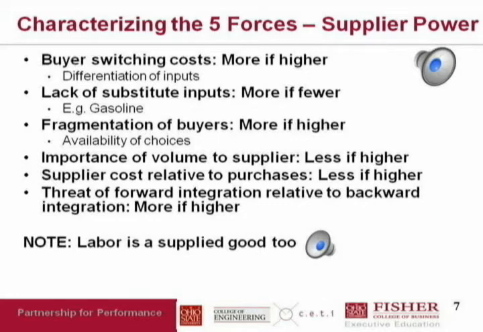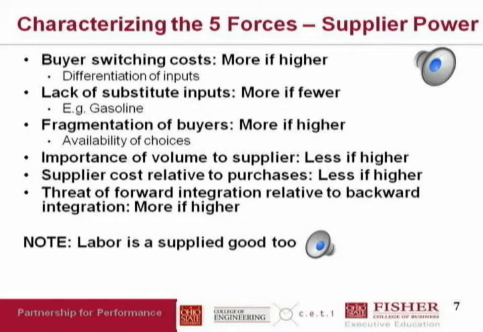If there are few substitute inputs, supplier power is high. If buyers are fragmented, many buyers and just a few suppliers, then supplier power is high. If the importance of volume sales to me as a supplier is high, then my supplier power is low. On the other hand, if I don't care so much about volume, or if there are enough buyers buying large volumes from me, then my power is high.